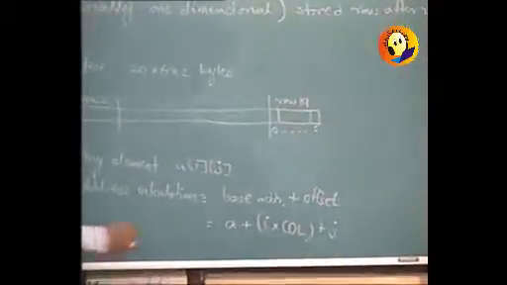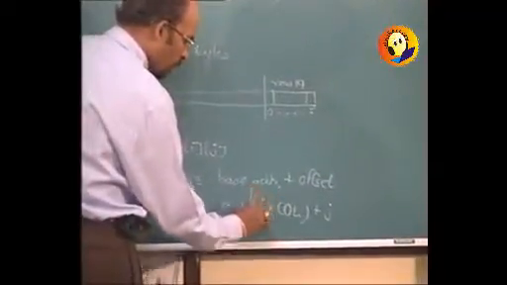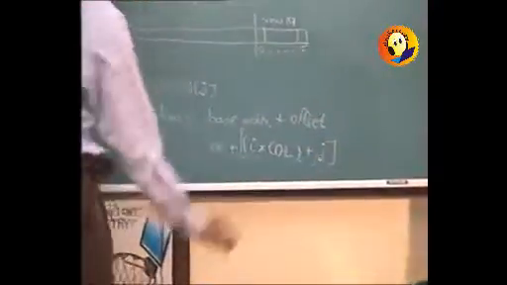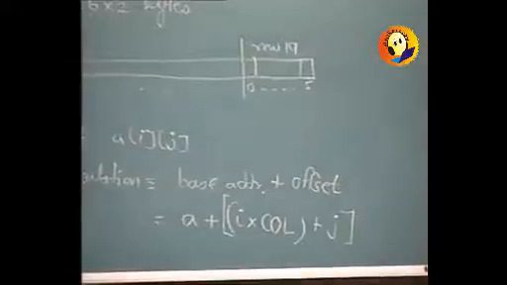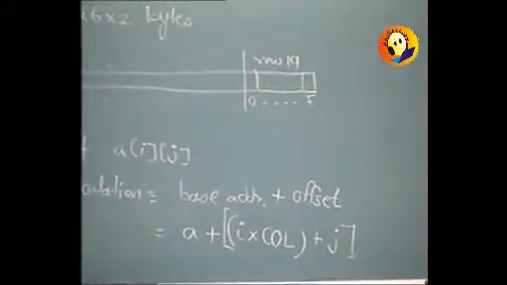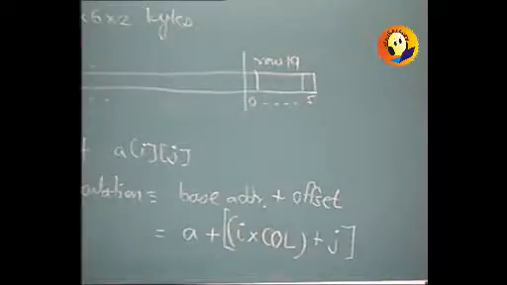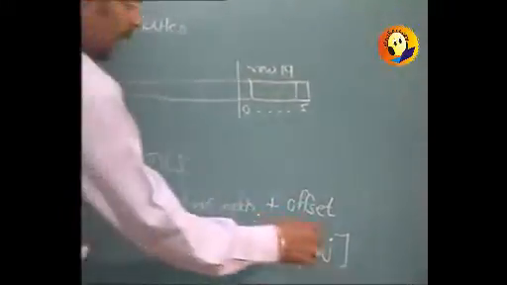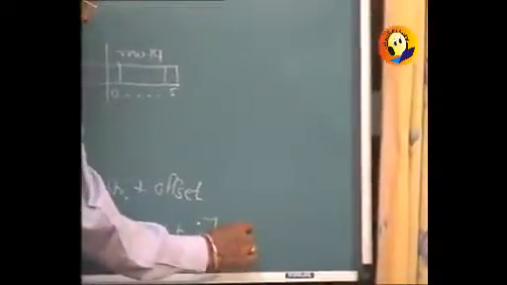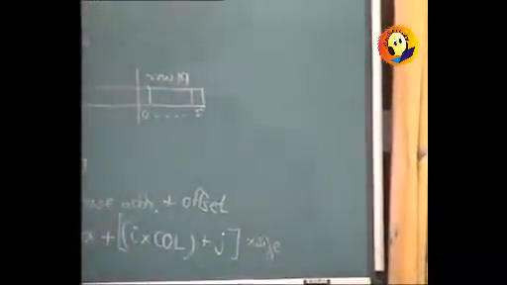This is how that offset will be. This is how the offset from the base address can be calculated. And if we want to be more accurate than this, then of course you will have to multiply by the size. In case of integer you will have to multiply by 2.